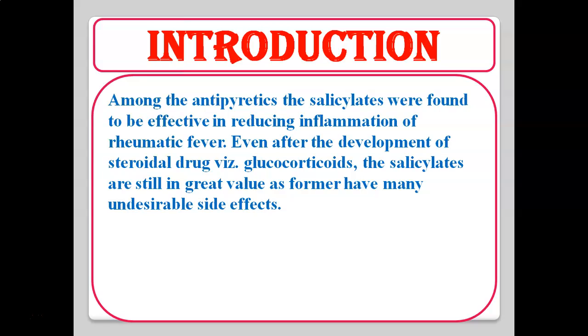As a result, indomethacin was first introduced as a potent non-steroidal anti-inflammatory agent, which is more potent than phenylbutazone. Later on, an aryl acetic acid derivative, that is ibuprofen, was introduced.